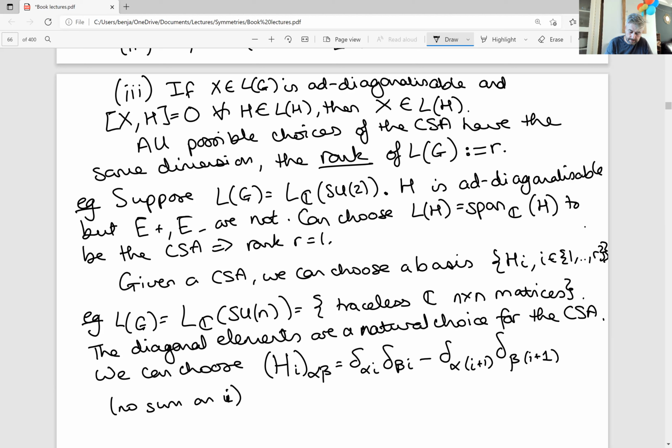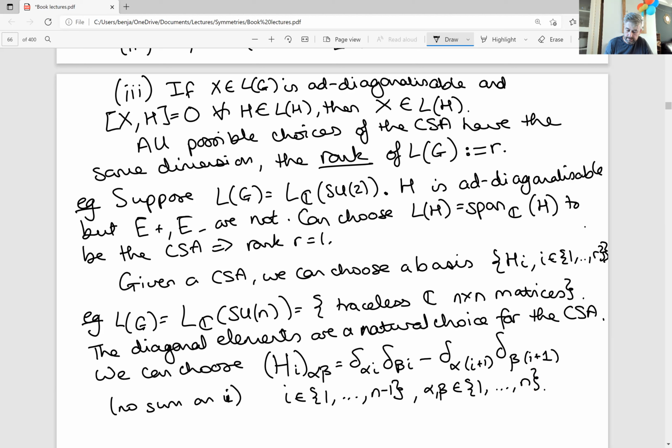If you think about it, i has to go from 1 up to n minus 1, because we've only got n by n matrices, and alpha and beta go from 1 up to n.